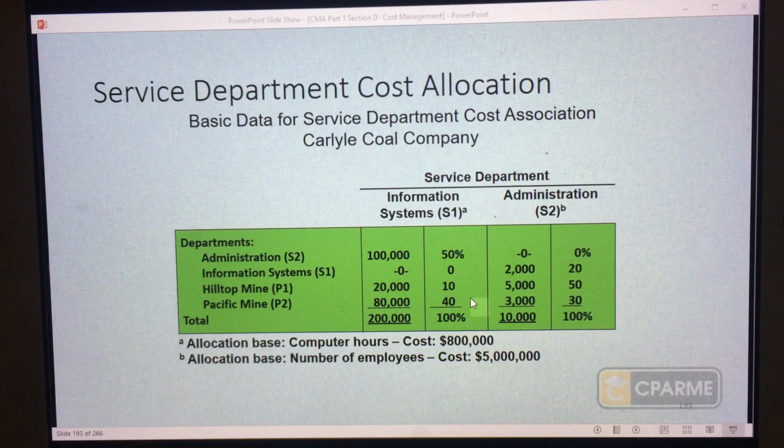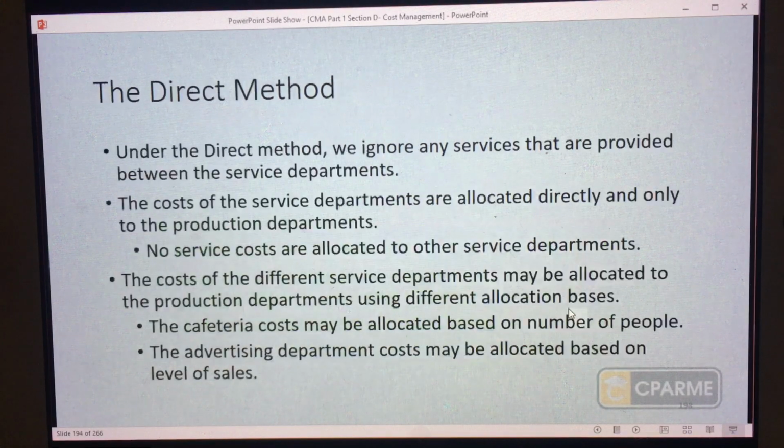So now we have to allocate the cost of these two service departments, or intermediate cost centers, to the two final cost centers, the production departments. For the direct method, you are going to ignore the transfer of services that are provided between the two service departments.